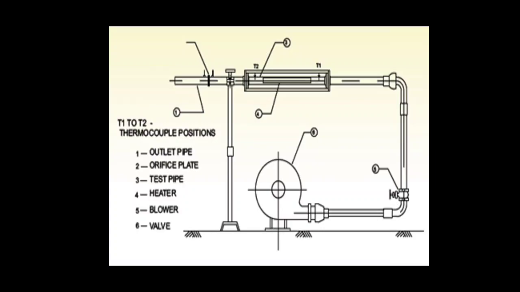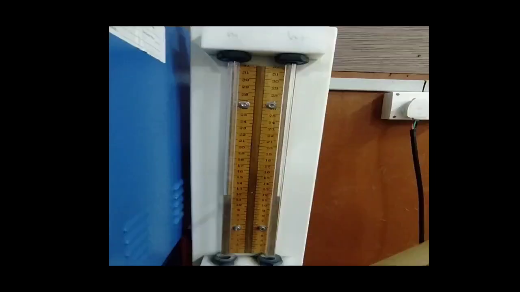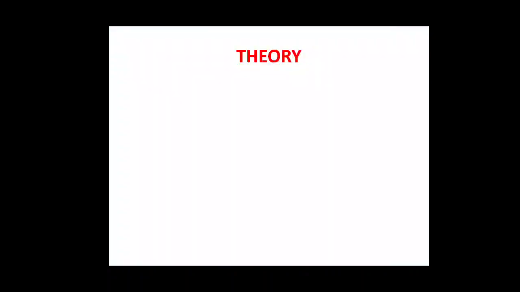Between thermocouples 1 and 2, throughout the length of the cylinder, thermocouples 3, 4, 5, 6, 7, 8 are also attached, which give the temperature of the surface. This is the manometer, which is attached at the orifice at the outlet, which measures the mass flow rate, or you can say the volume flow rate of the air which will be forced through the test surface.